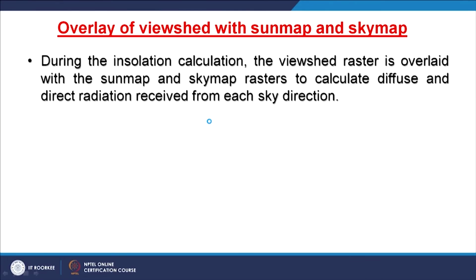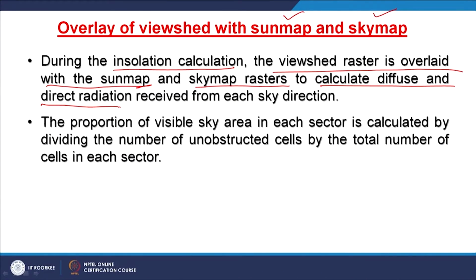Now overlaying the viewshed, which was representing our hindrances, with the sun map and the sky map, when we overlay all these three on a GIS platform, that means during the insolation calculation, the viewshed raster is overlaid by the sun map and sky map rasters to calculate diffuse and direct radiation received from each sky direction.